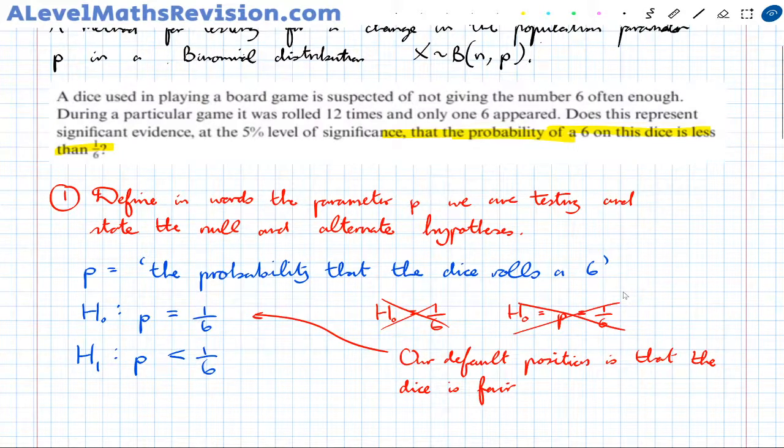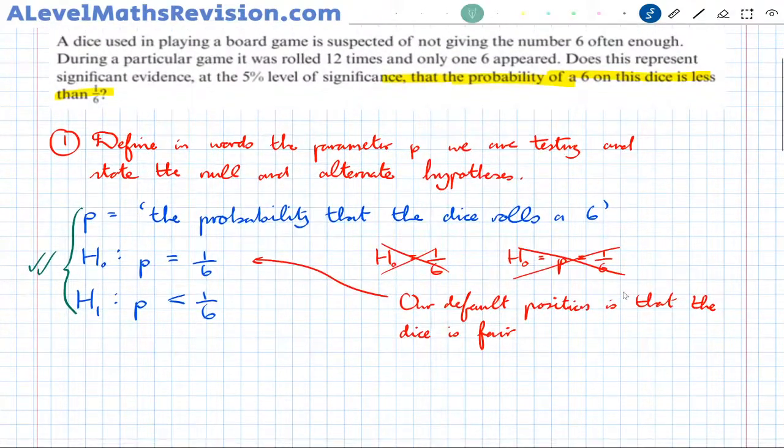As I said, just like court, innocent until proven guilty. So overall, we've just gained 2 marks by writing this out. Possibly 3, depending on what exam board you're on. So I haven't done any maths yet, and already we're getting marks for a question like this. Right, step 2.